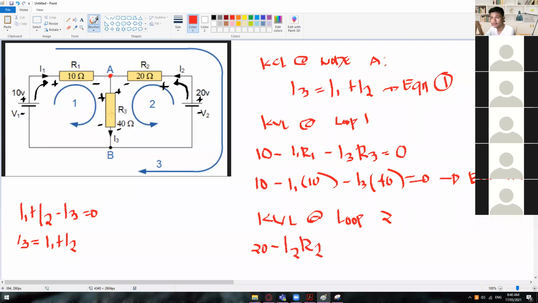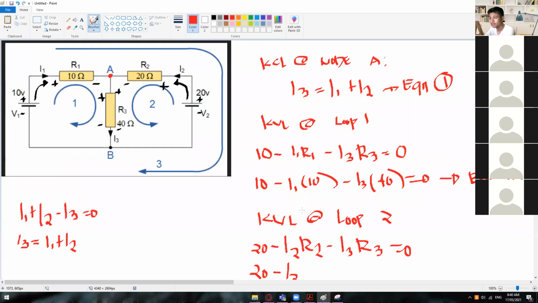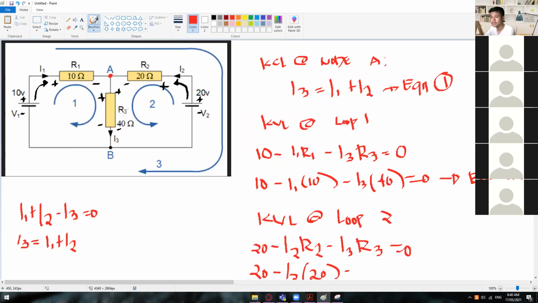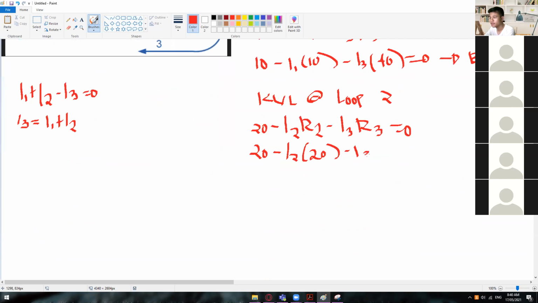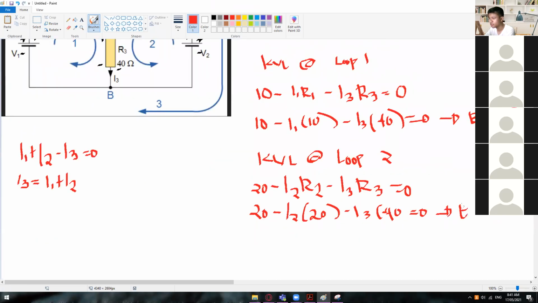And then we have another resistor in here, which is negative I3 times R3 equal to 0. And then here we can substitute their corresponding given values, wherein R2 is 20, so that's I2 times 20, minus I3 times 40 is equal to 0. So this is now your equation number 3.